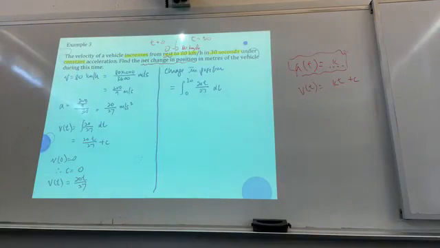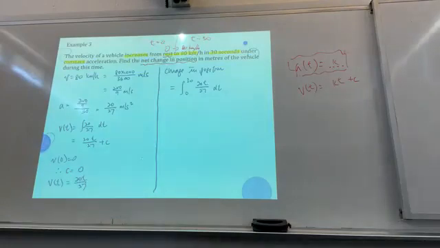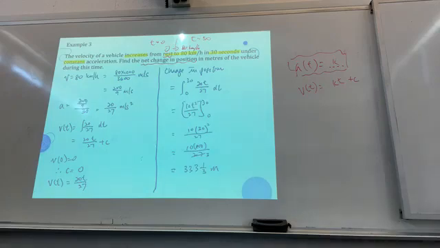If it is negative, it's on the negative side; if it is positive, it is on the positive side of the origin, wherever the origin is. So if you work this out, the answer should be 333 and 1/3 meters. So that is the net change in position.